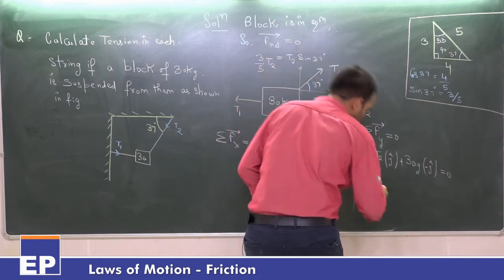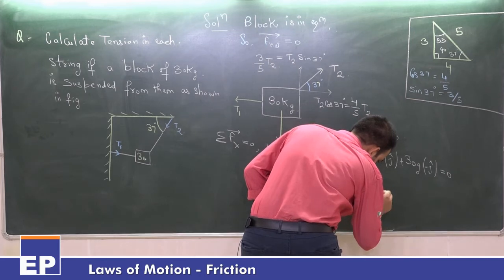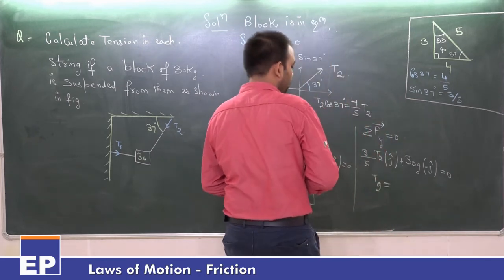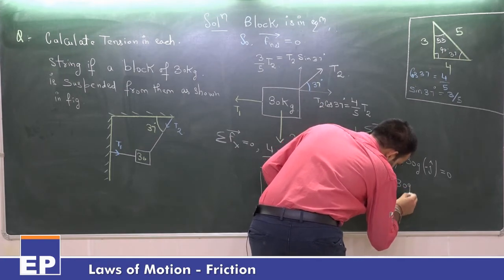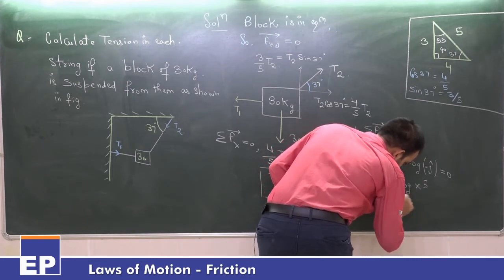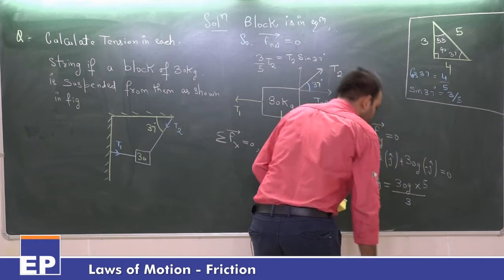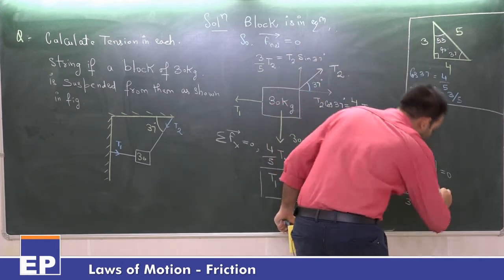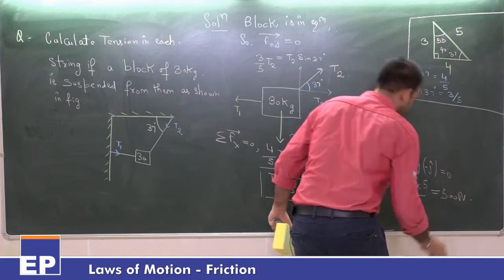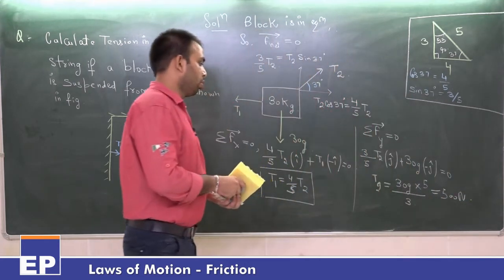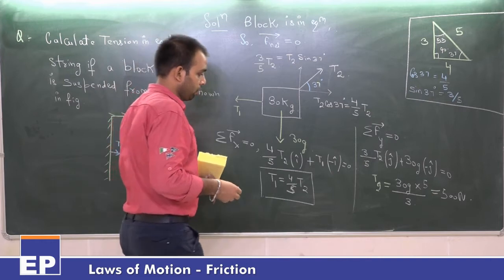So what is the value of T2? T2 is 30G into 5 by 3. This will become 100 into 5, 500 Newton. If T2 is 500 Newton, so what is T1? 400 Newton.